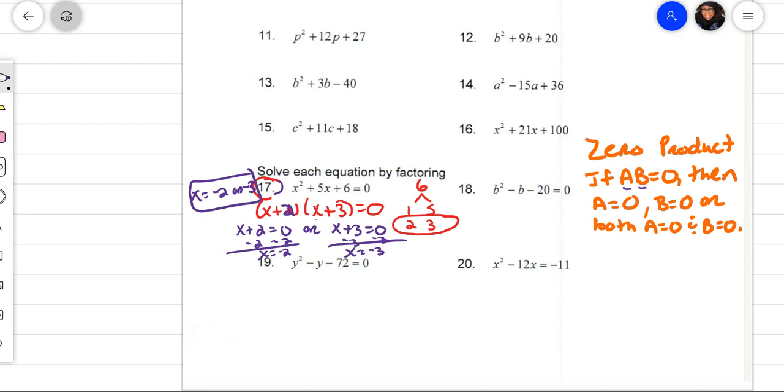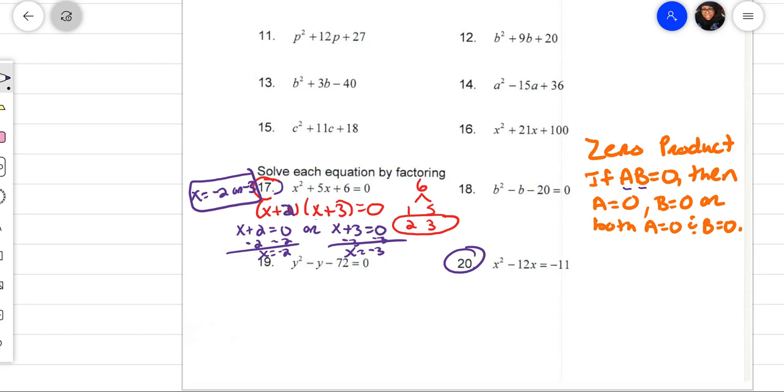For something like number 20, it's the same approach, but this one requires an extra step because, excuse me, right now it is not equal to 0. Right now it is not in standard form.